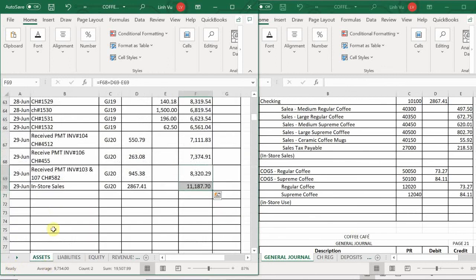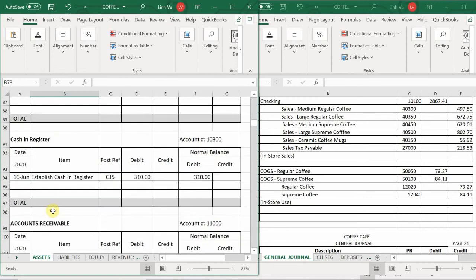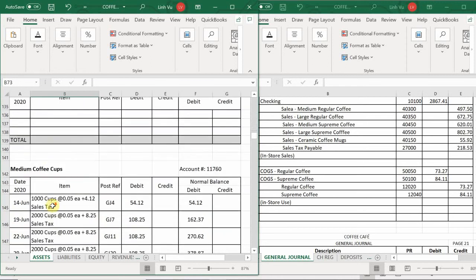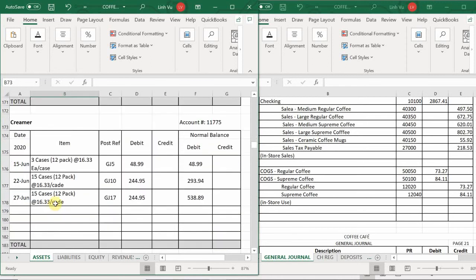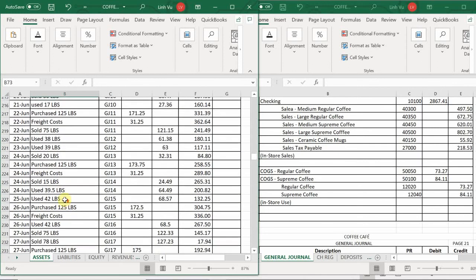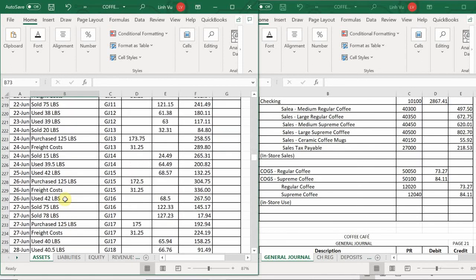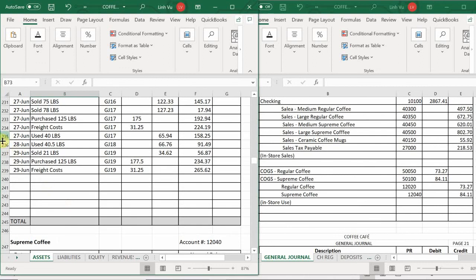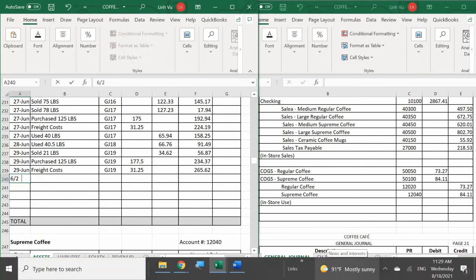Okay. Hop into your assets and we're going to go into our inventory items, which is going to be regular coffee. Here we are, regular coffee. We used 44 pounds for 73.27.